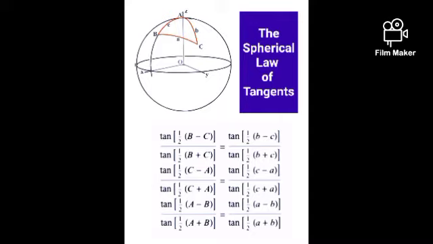But as I said, you can always start from the right to the left or from the left to the right. If you are considering the angles B and C, capital B and capital C, the sides opposite these angles are denoted by small b and small c.